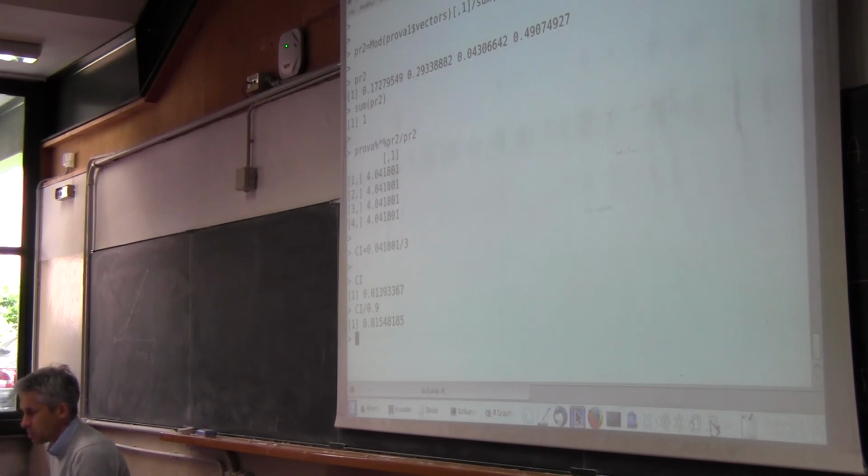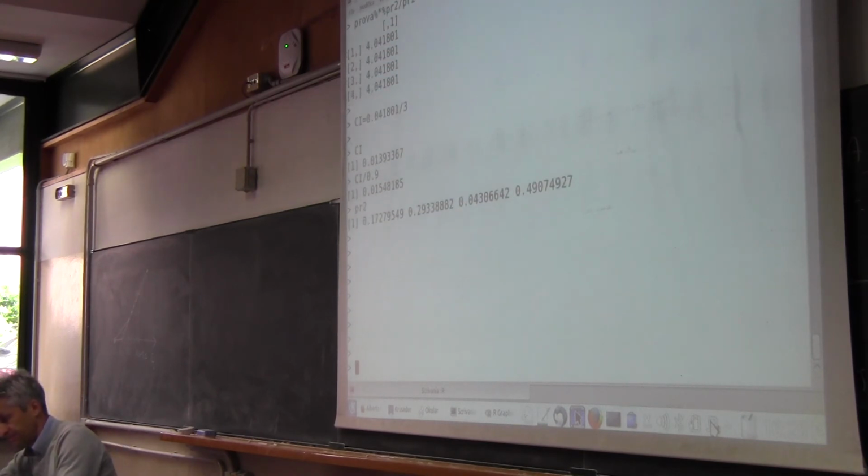Okay, so now we have these weights. Let me call them back. We have these weights here, and we can use these weights to combine the utilities. Let me find the resulting overall utility of the first alternative.